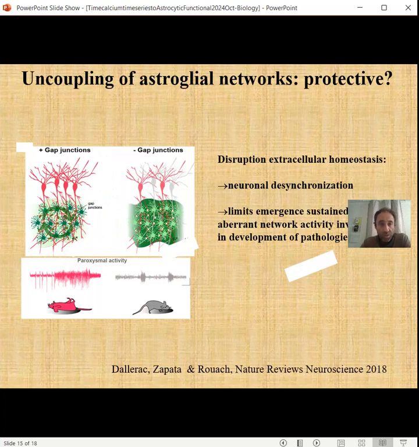And the disruption, shown here, for example a change in the gap junction, can be associated with a change in the behavior of the mice, and this is well summarized in this recent review by the Rouach lab.